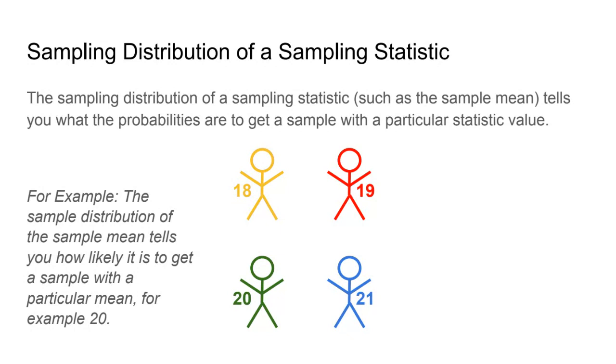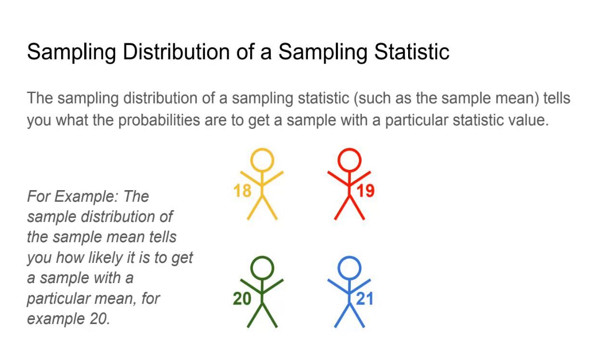So as I said here, remember the sample statistic is a property of the sample, and here we are only interested in the sample mean. So the sampling distribution of the sample mean would tell us how likely it is to get a sample where the sample mean has a particular value, for example 20, right? We can ask what's the probability to get a sample with a sample mean of 20?